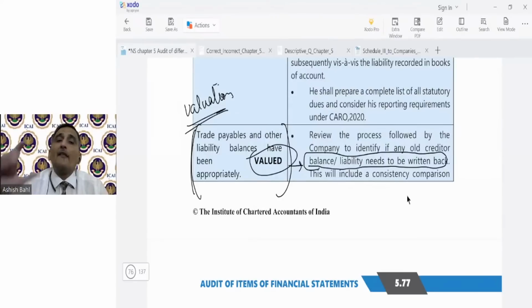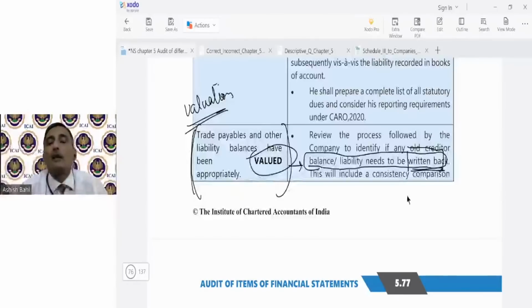Okay, so if there are some old trade creditors, these need to be written back, whereas in case of trade receivables we were writing these off, but in case of trade payables we need to write them back. So remember this, that payables, these are written back.